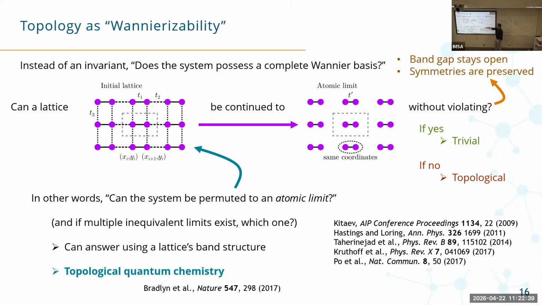And if I can continue my initial system to this atomic limit while keeping all my band gaps open and preserving all my symmetries, then I'm always trivial. If I can't, topological. They do this by enumerating every possible atomic limit for all 230 space groups, or now all 1,400 and something magnetic space groups.